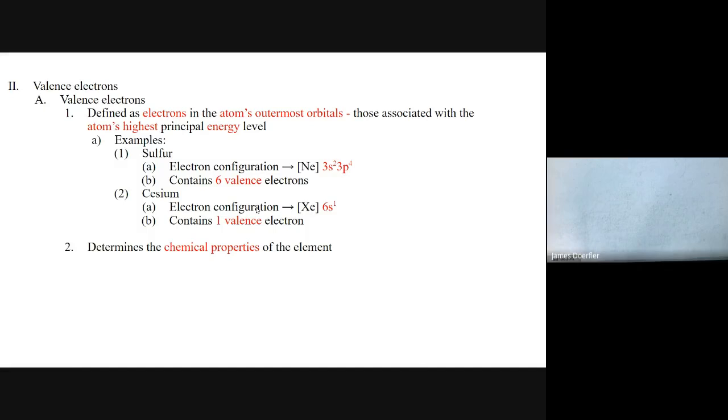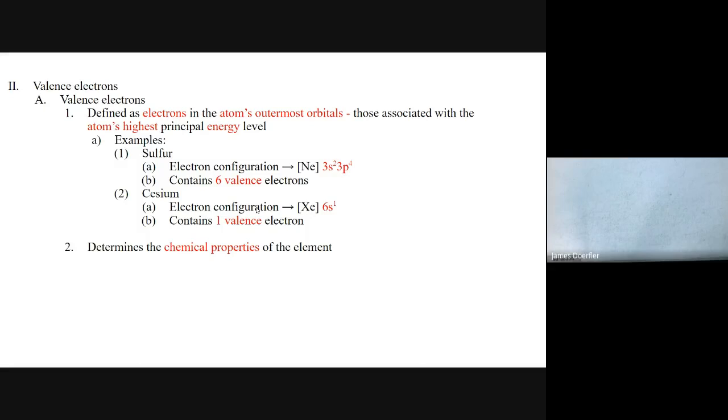But we're mostly concerned about the outermost principal quantum number, and that's where s and p reside. That's why we focus on s and p. These valence electrons are what will eventually determine the chemical properties of an element.